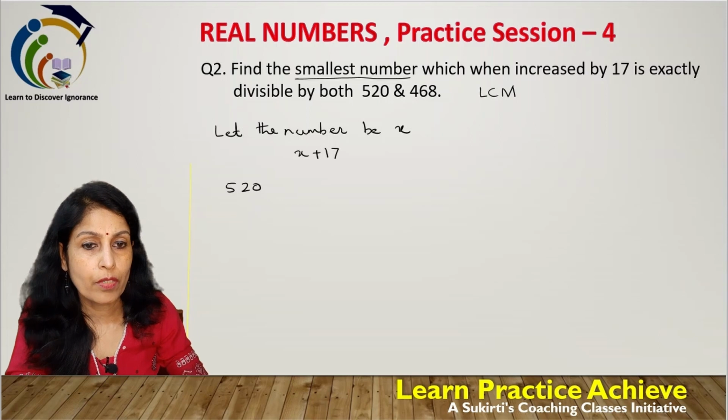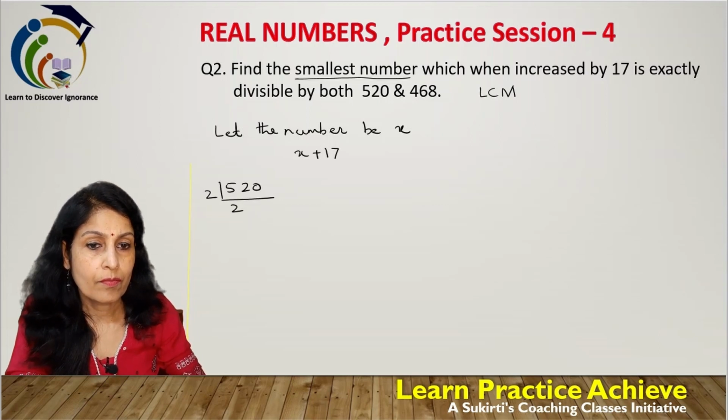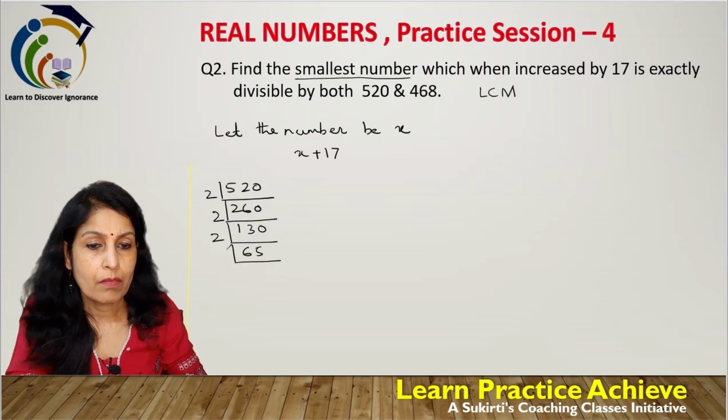So 520, if we make the prime factorization, then 2, then again 2, then again 2, then 5, then 13.